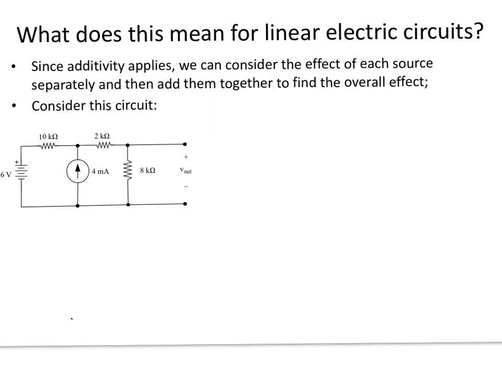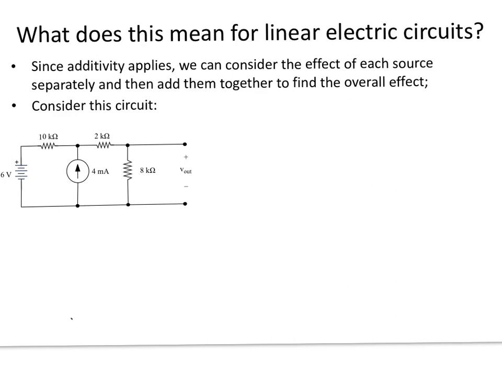So what does this mean for electric circuits? It means that we want to turn off all the sources in the circuit so that they have no effect on the circuit, and consider the effect of only one source at a time.